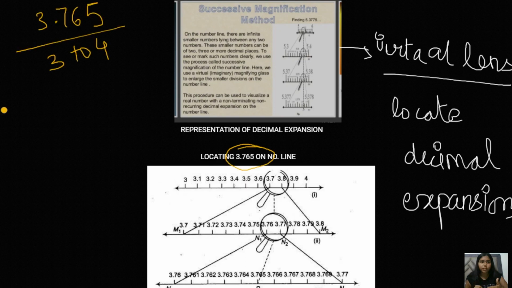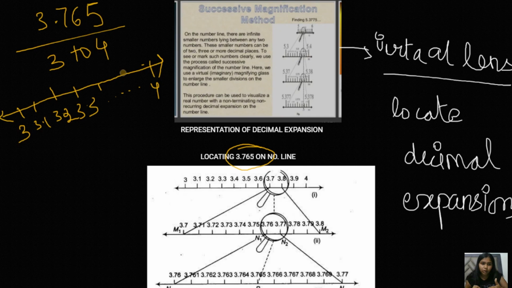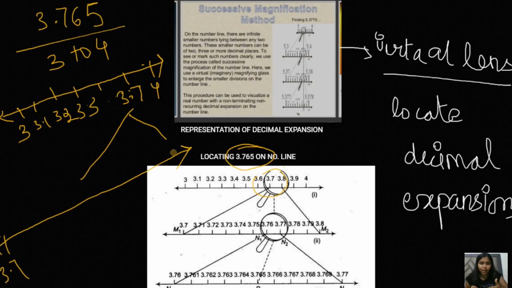So you have to draw a number line between 3 and 4, marking 3.1, 3.2, 3.3 and so on. Somewhere here is 3.7. 3.765 will lie between 3.7 and 3.8, so you draw again a number line between 3.7 and 3.8.